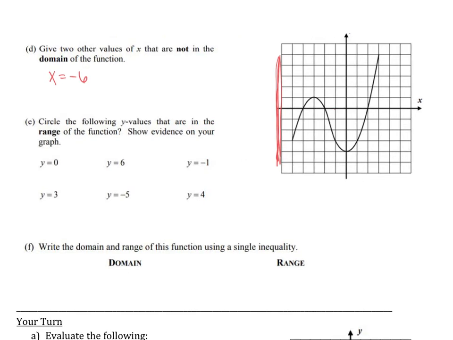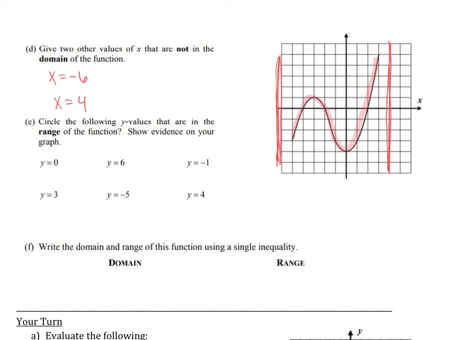Let's try another one. Right here, right? Also not in the domain. And that's at 1, 2, 3, 4. So those are also both not in the domain of the graph, because that doesn't exist. The graph is only right here. So it's limited by those points.